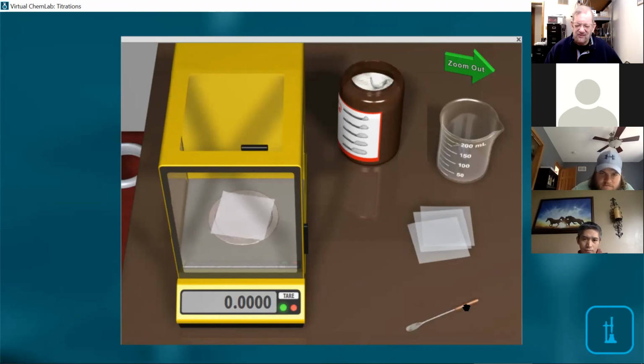Now, here's a spatula. Sometimes it doesn't want to do this for Dr. White. We'll take some and we'll put it on there. And it doesn't want to do it. Hold on. Like I said, I had trouble yesterday.